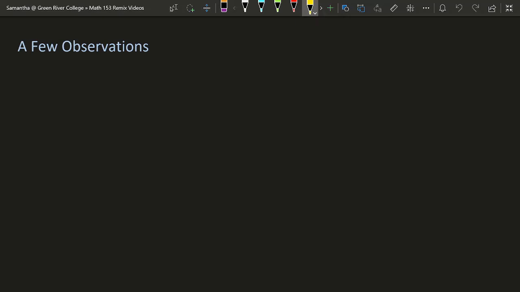The first observation that I would like to make is about the relationship between a vector's length and the dot product of a vector with itself. So if you have a vector v, for example, suppose that v is written abstractly as vx, vy, and vz.